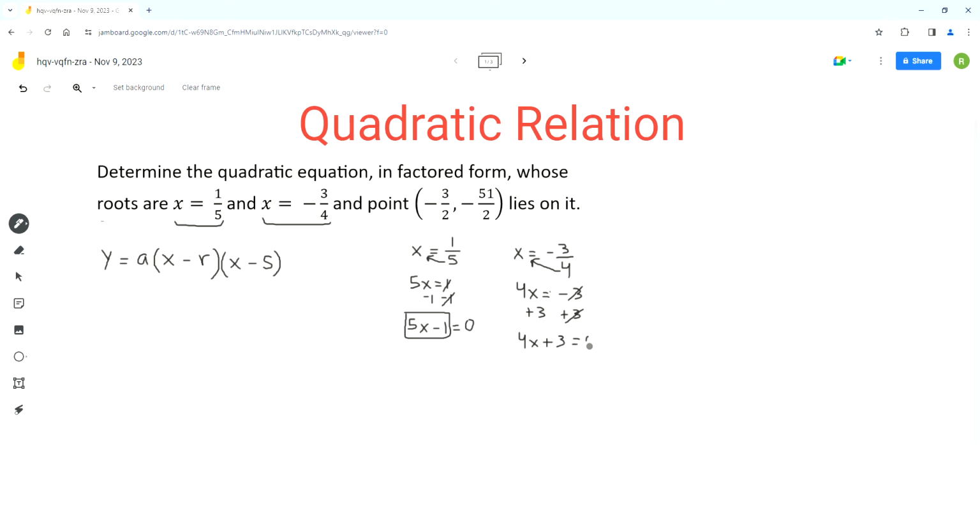So this is the second factor in this equation. So we can rewrite our equation as y equals a times (5x minus 1) in the first parentheses and (4x plus 3) in the second parentheses.